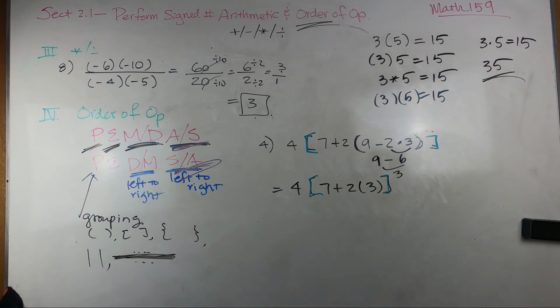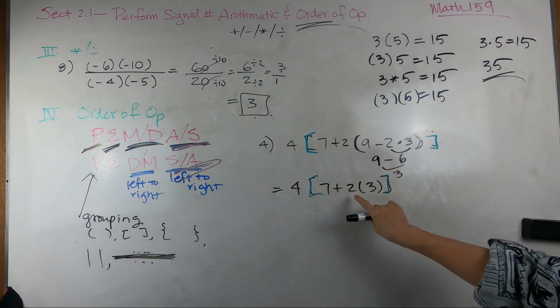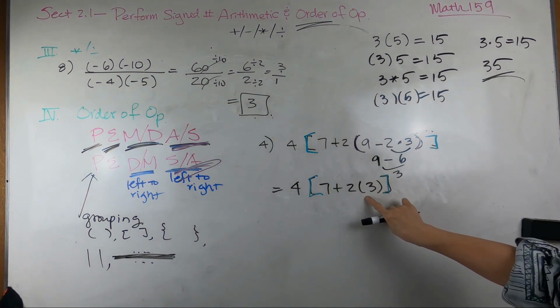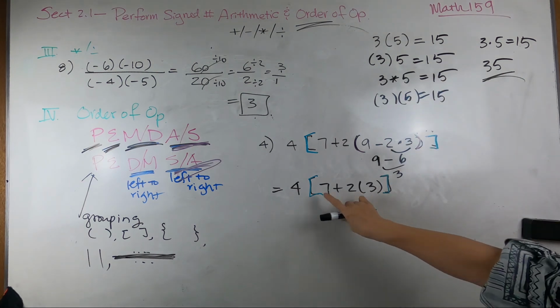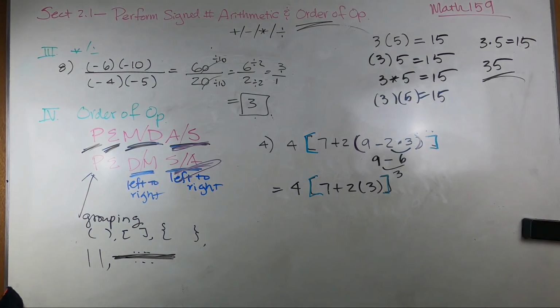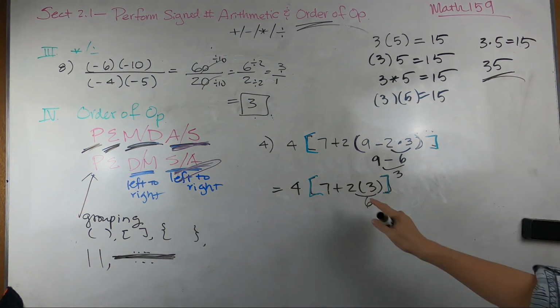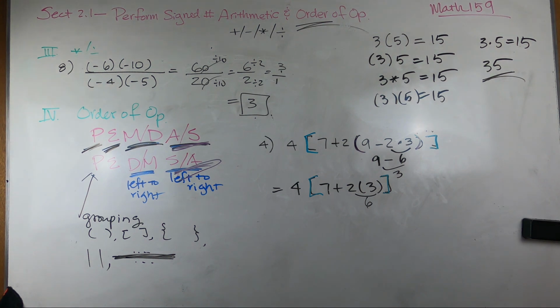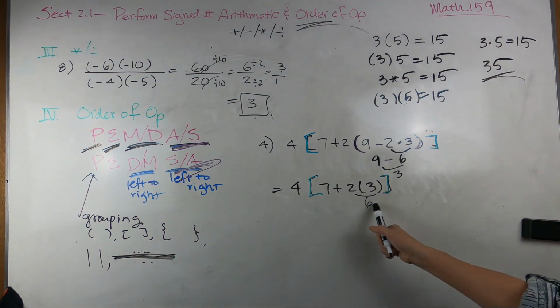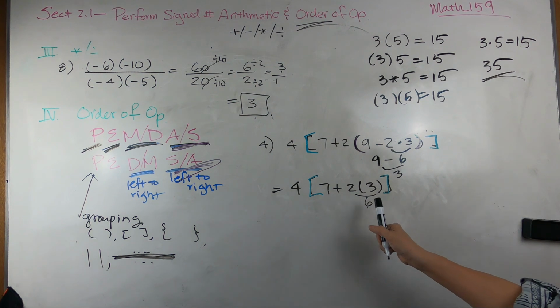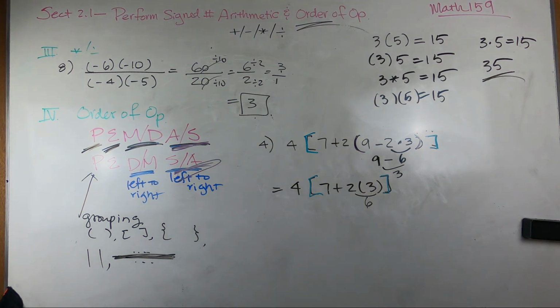Within this group, you have what? Parentheses here mean multiplication, and then adding 7. So which one should you do first? You should add them first. I mean, multiply them first, right? Then you add. So 2 times 3 is what? 6. You do that first. Then you do what? 6 times 6, and 7.